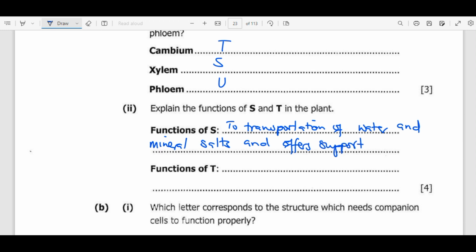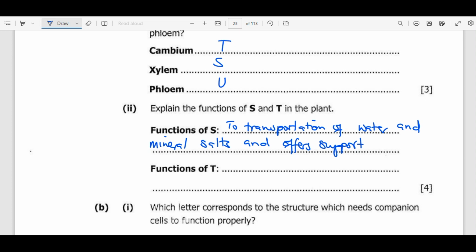Okay, so T is the cambium. The function of the cambium: number one, it maintains or repairs the damaged tissues. The second one is that it produces new xylem and phloem cells, producing secondary growth.